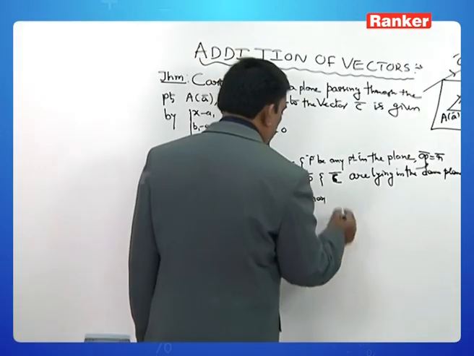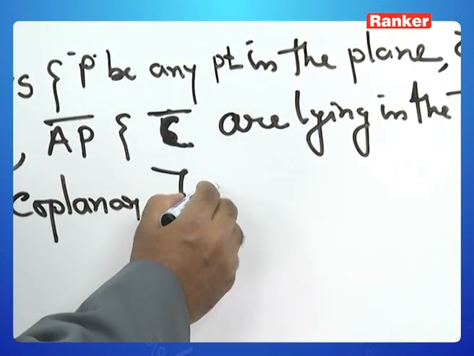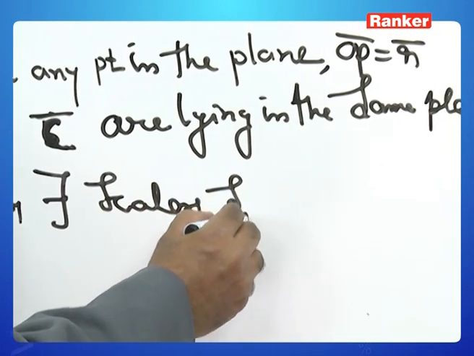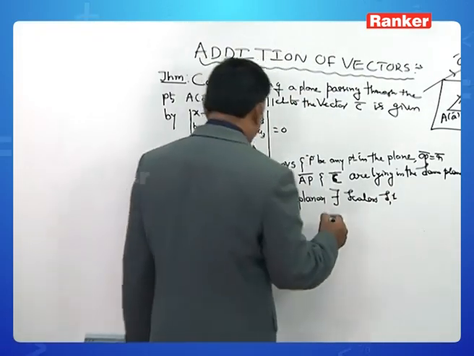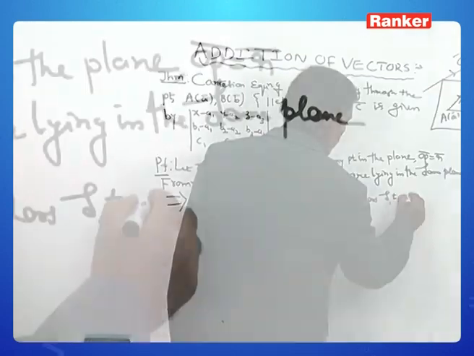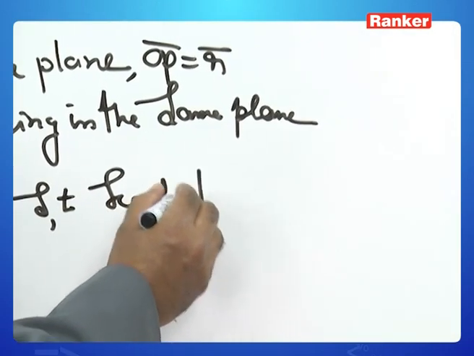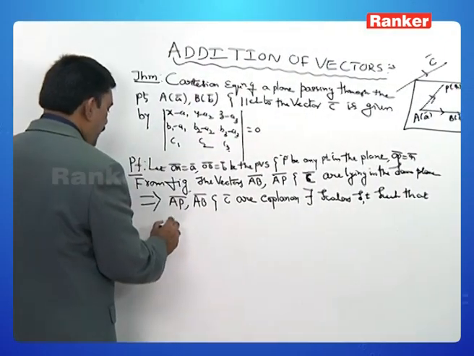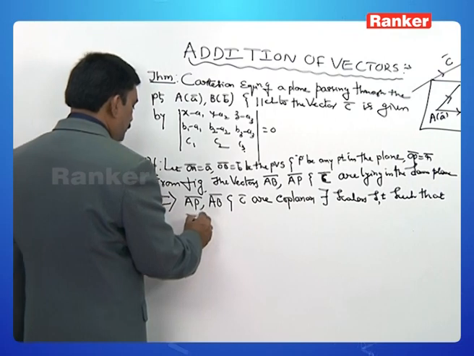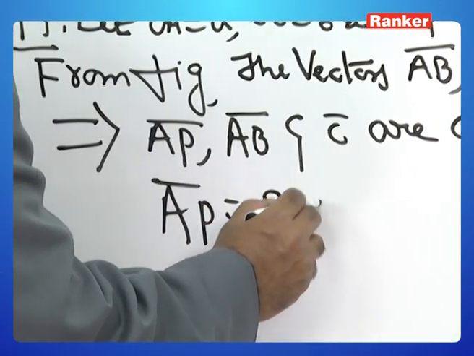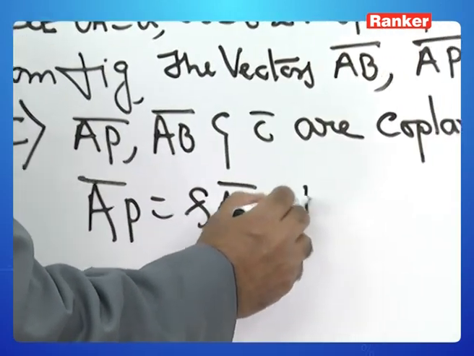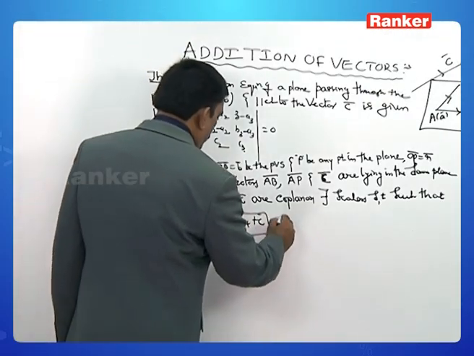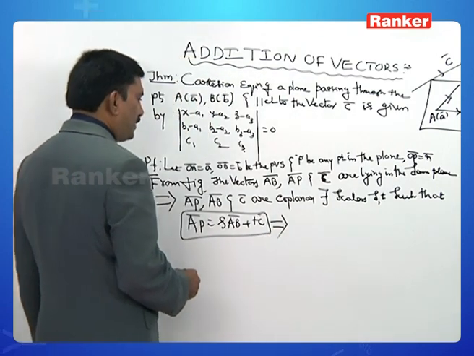There exist scalars S, T such that one vector can be expressed as a linear combination of the remaining vectors.